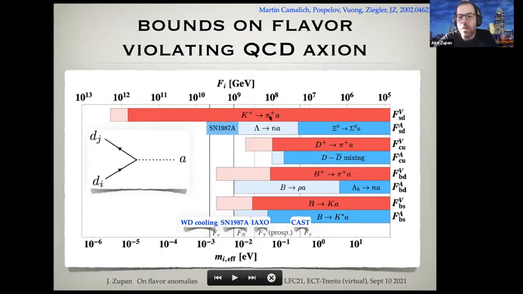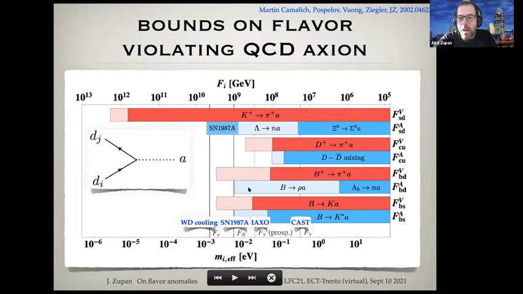And one thing that you notice, first of all, okay, the scales are even higher because now we're dealing with dimension 5 operators. There are many different probes, so I won't go over them. It depends on which flavor transition you look at. It can vary very much.